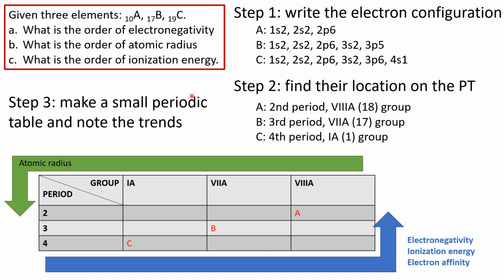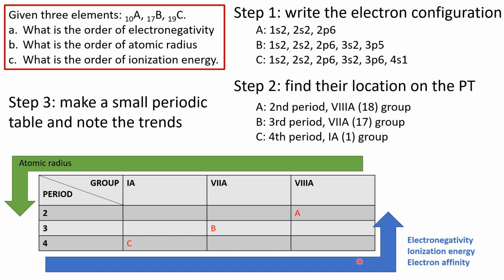And basically now we have to put those elements in order of increasing or decreasing electronegativity, like who has the highest electronegativity in that case. So from highest to lowest.